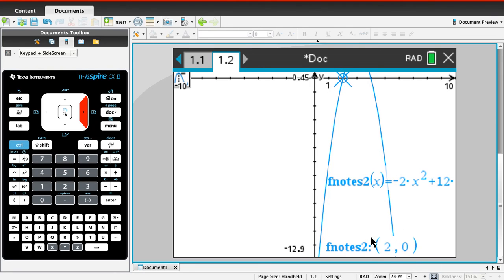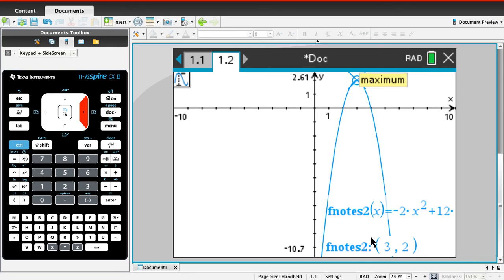They gave me the point. Here is my maximum located at (3, 2), which is exactly what we predicted. My axis of symmetry is going to be x equals 3. And my other zero located at (4, 0).